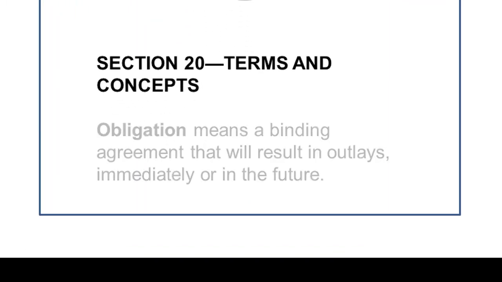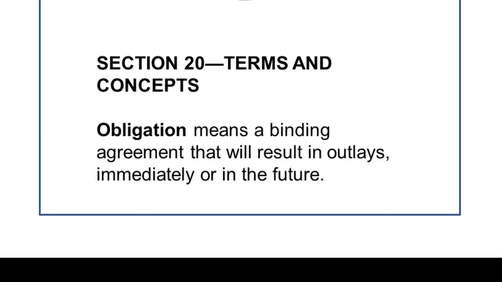OMB defines an obligation as a binding agreement that will result in outlays immediately or in the future. For example, if an employee of the government signs a contract on behalf of the federal government, there is a promise to make payments in accordance with that contract. This binding agreement is an obligation.